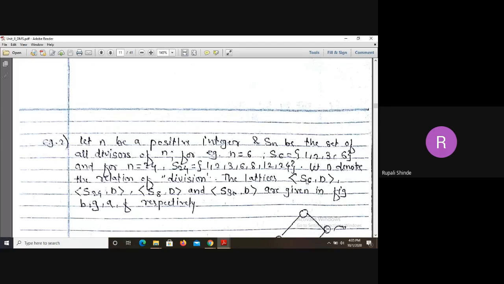We have just seen how to draw the lattice for the first set, S6. Likewise, you have to draw lattices for the remaining ones. Try at home, and tomorrow when we have lecture, you have to show me how you have drawn the lattices.